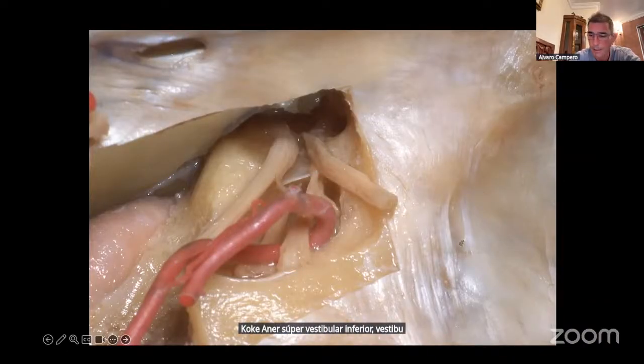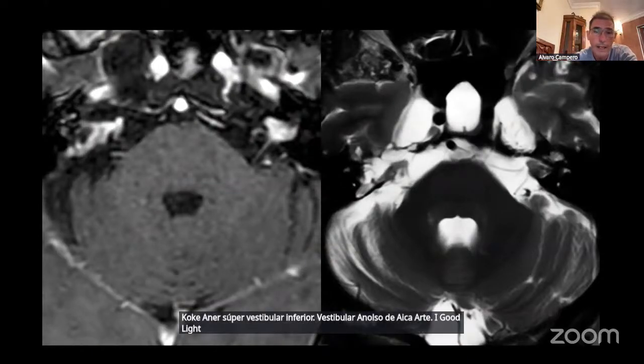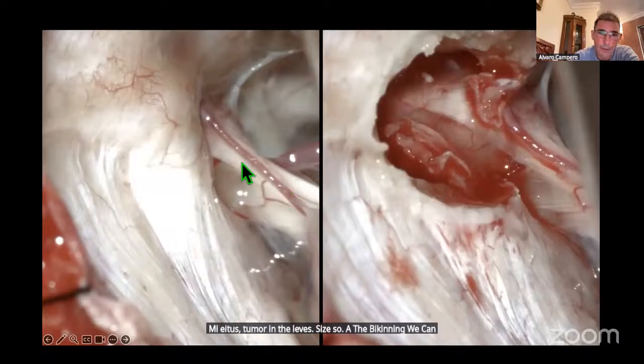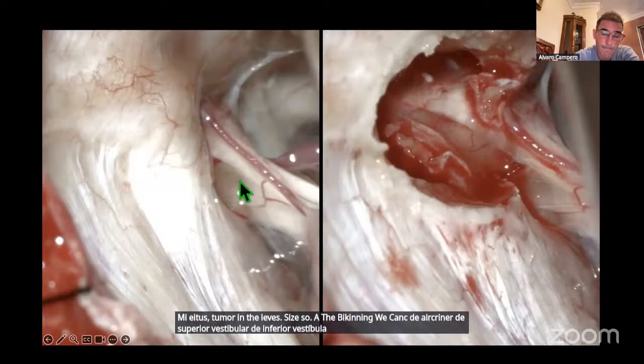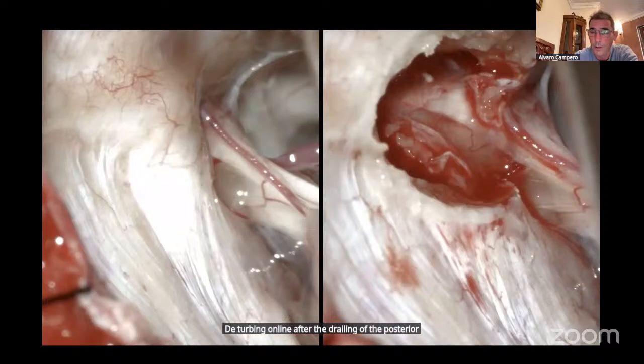I would like to show one case, a small, just intrameatal tumor on the left side. At the beginning, we can see the 8th cranial nerve, the superior vestibular, and the inferior vestibular, from which the tumor grows, the tubing line, after the drilling of the posterior wall of the meatus.